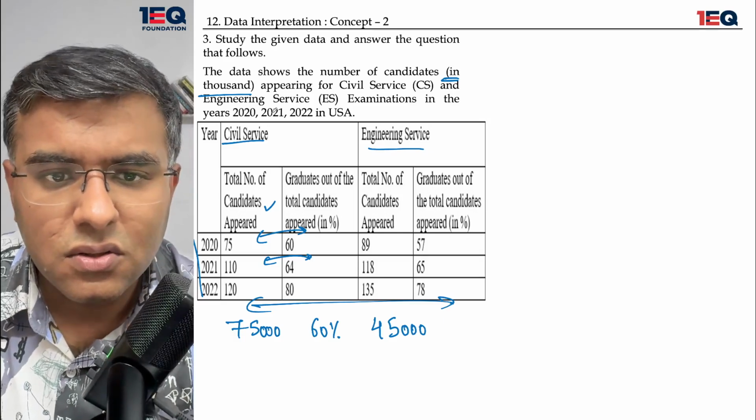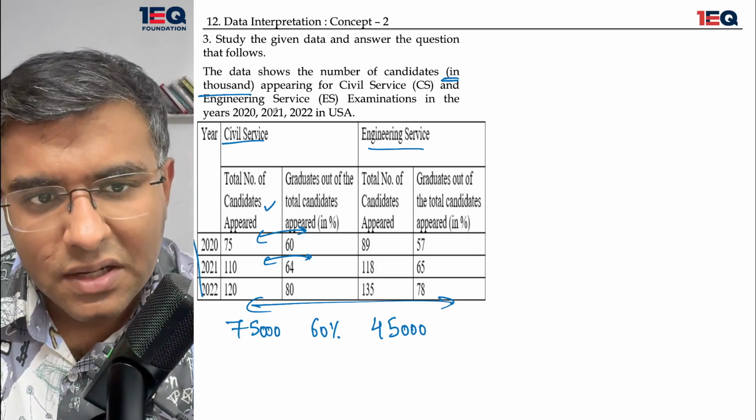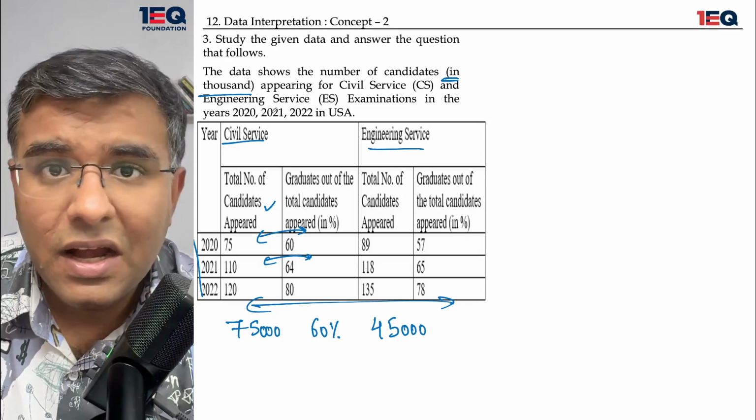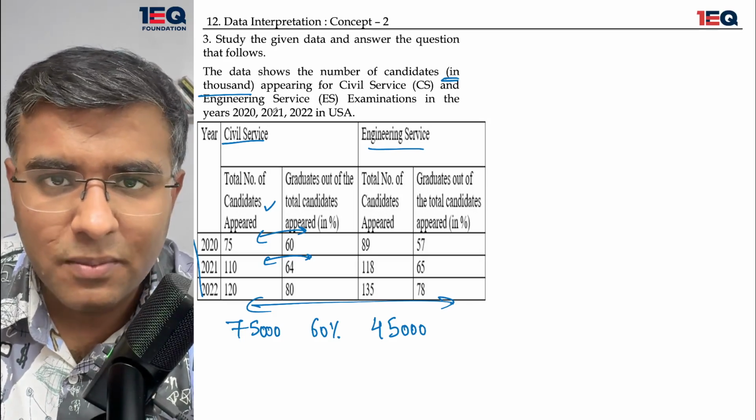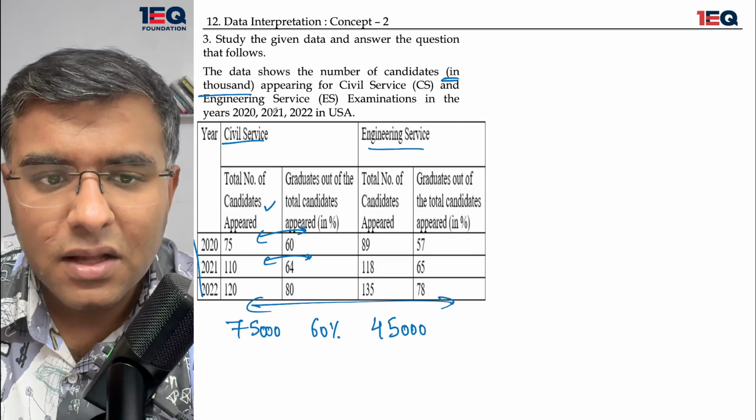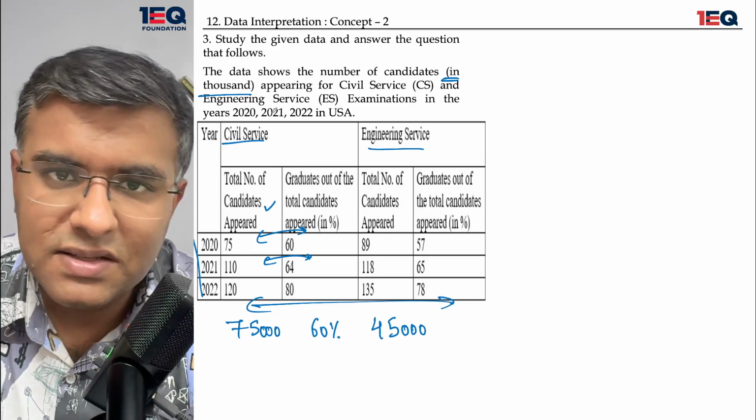Got it? So this is how you have to establish a relationship between the two numbers. Nowhere it is written that both of them are related, but upon seeing it you can understand that yes, they are related.